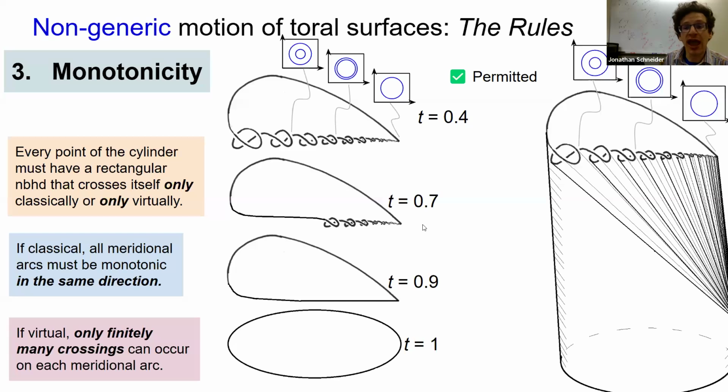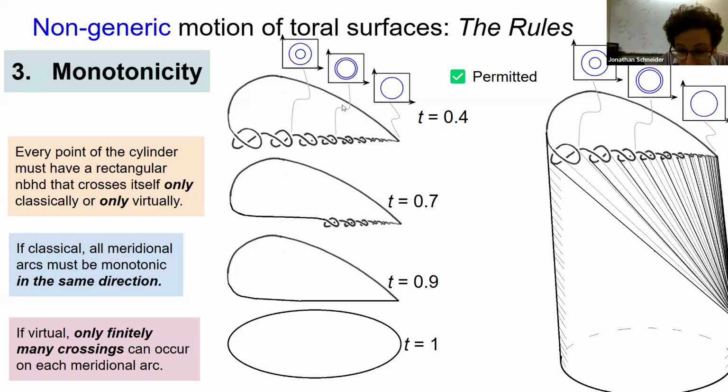So this is an okay example here. You see, I've taken all these infinitely many little kinks and I've shrunk them all to a cusp and then smoothed it out. Turns out, yes, indeed, a torus can cast this shadow as it moves through four-dimensional space.